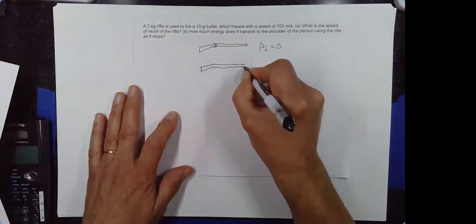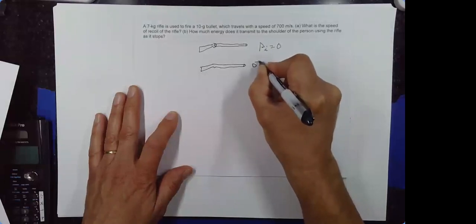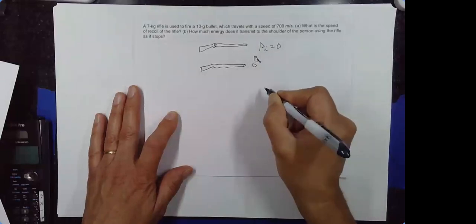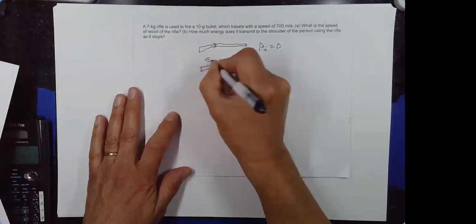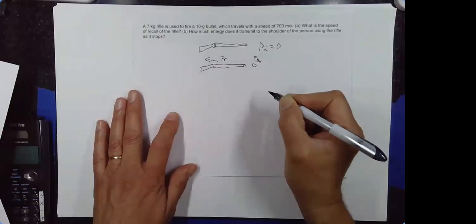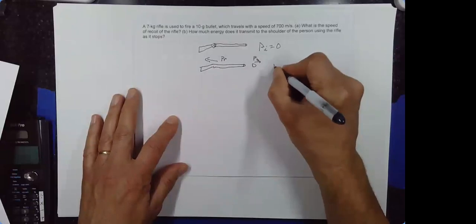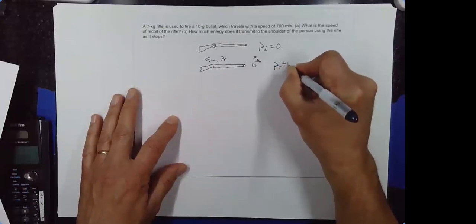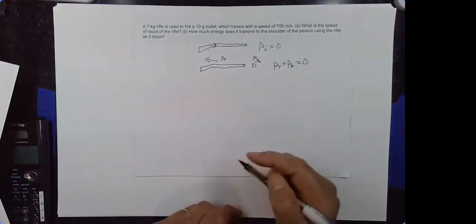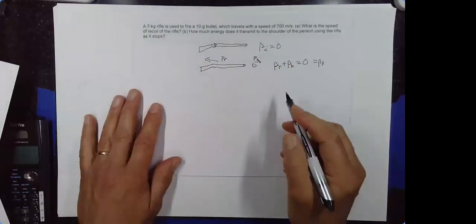It just doesn't have a bullet in it this time. The bullet is taking off in this direction, and this would be P for the bullet. The rifle is going to be recoiling in the other direction, so we'll have a P for the rifle, and the sum of these two has to add to 0. So P for the rifle plus P for the bullet equals 0. And that's P final. So P final will equal P initial.